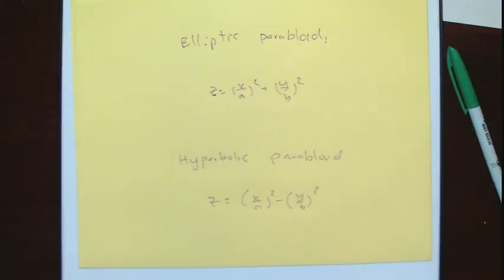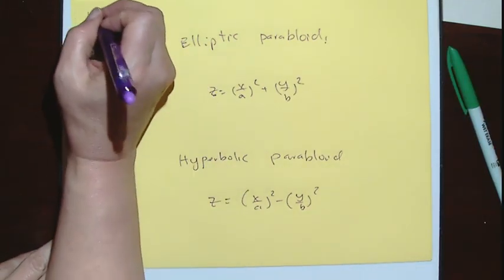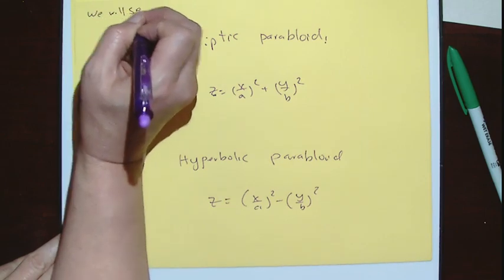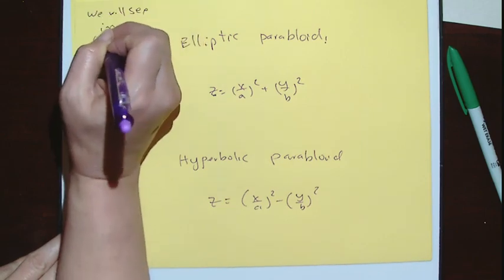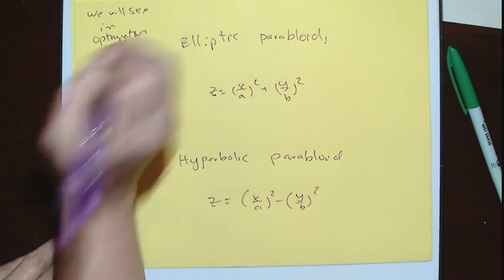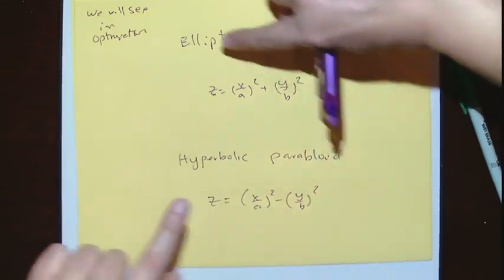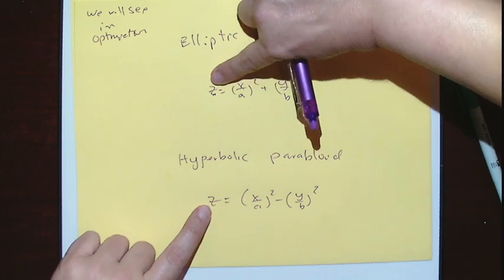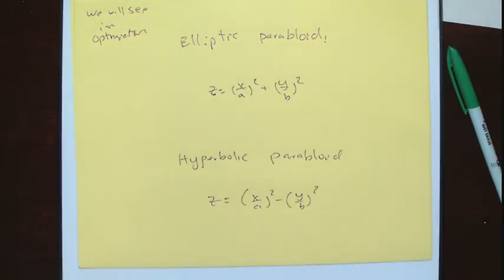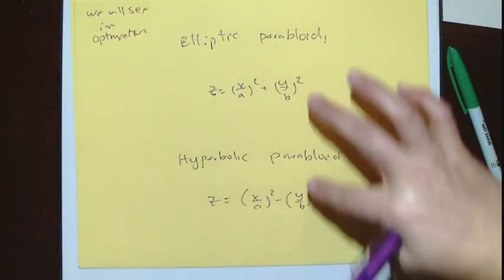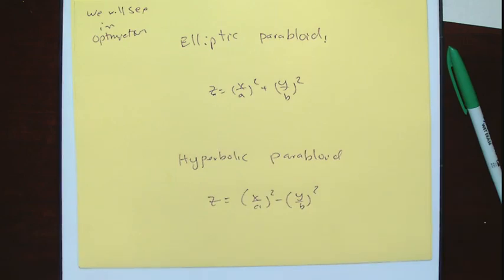Both of these are coming in the optimization. We will see in optimization. So paraboloid goes with that one variable being of degree 1. Do you see that? One of the variables only appears in degree 1.